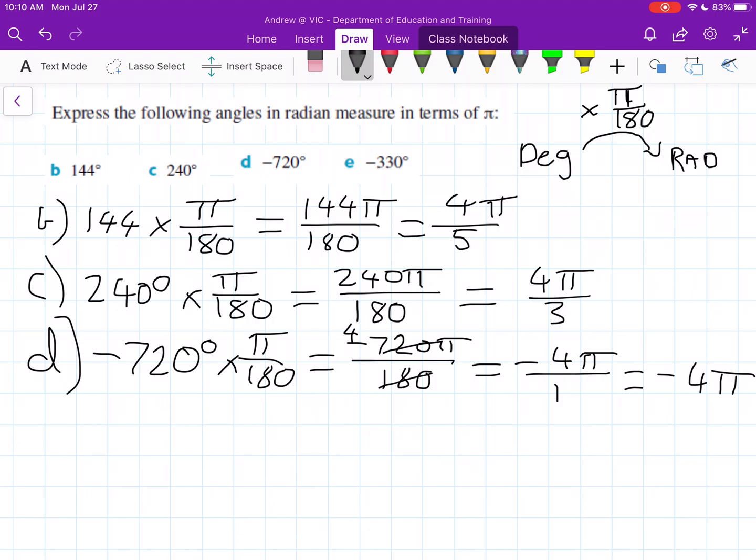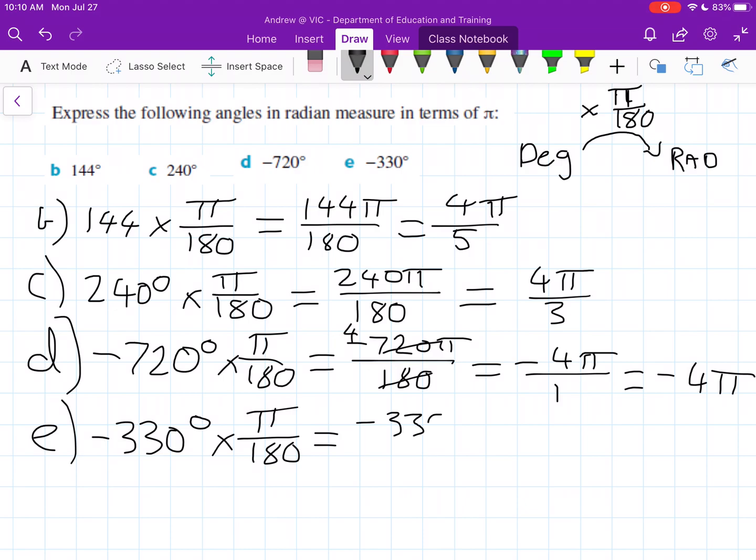Now our last one, we've got negative 330 degrees. This one, we do the exact same thing, pi on 180. So this is equal to negative 330 pi on 180, and we need to simplify this down.